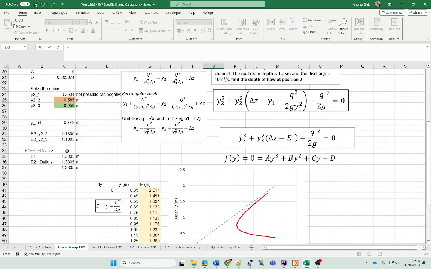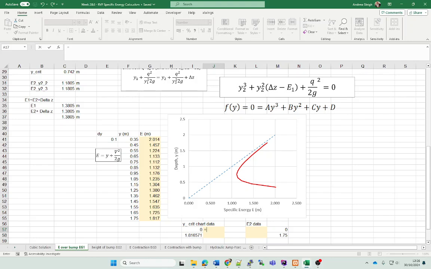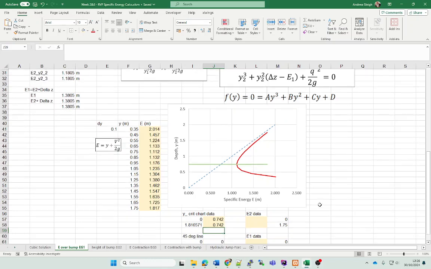Well, we've calculated y crit, equals the y crit that we calculated above there. And the next value we need is a copy of that, so it draws a straight line. That indicates our solution for y critical, and we see that it's in the right place. It's at the turning point of this curve, so we're more confident in our solutions.